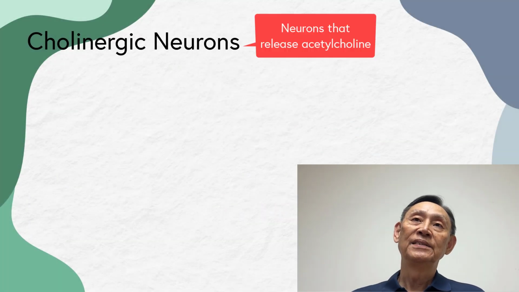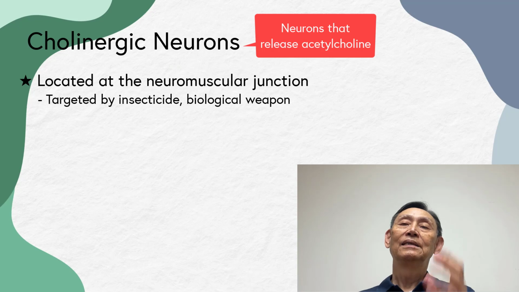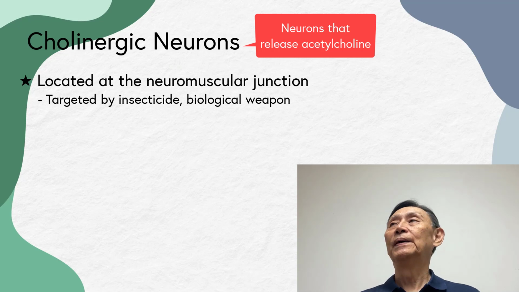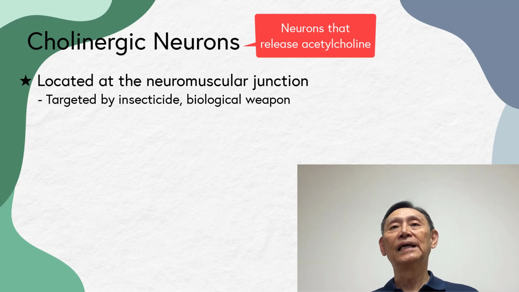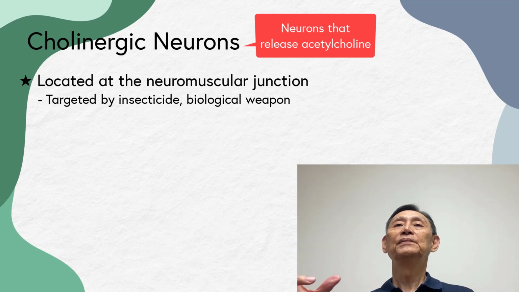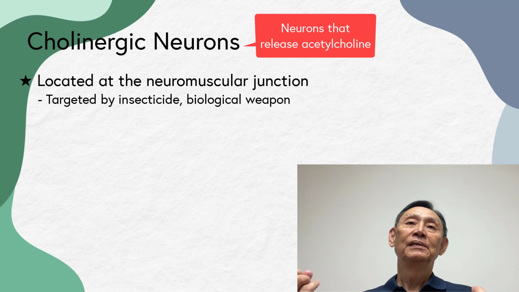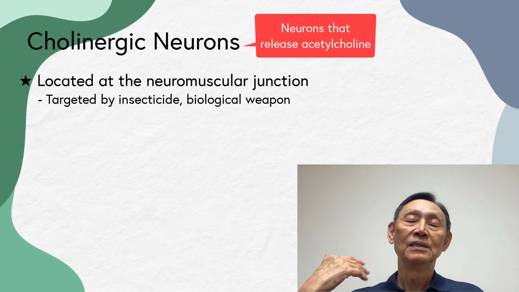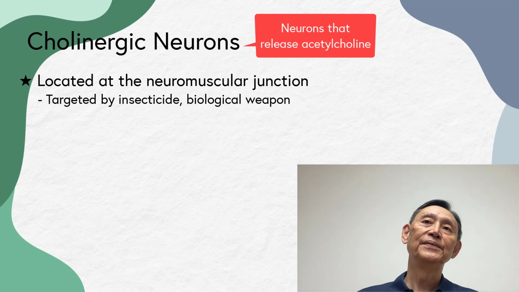So as I just said, cholinergic neurons are in the neuromuscular junction. A lot of drugs, especially insecticides, target this region. They paralyze muscle. Even insects use muscle to do their job, so they cannot move and they die.